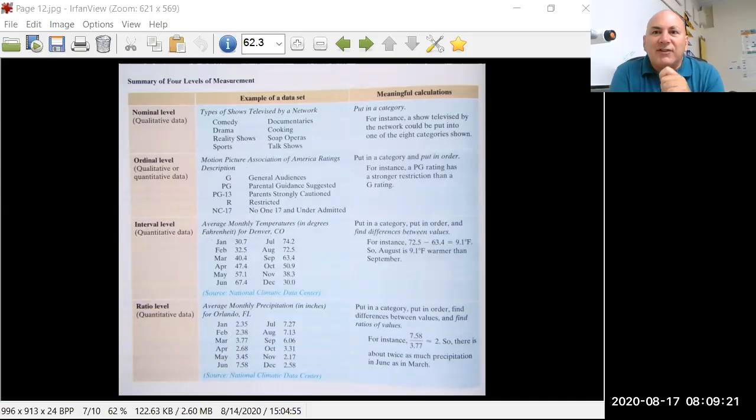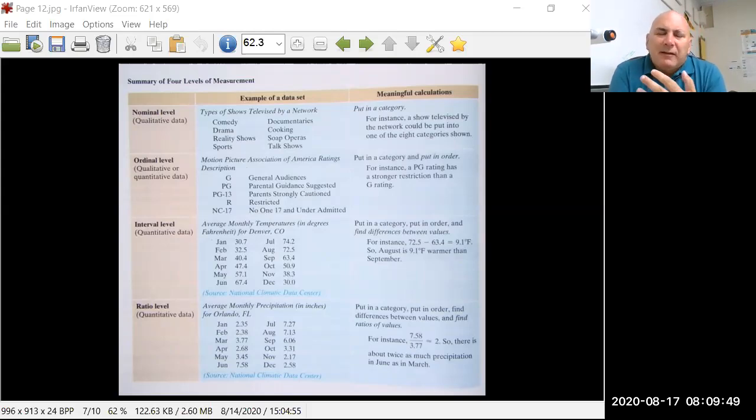That doesn't make sense. So in the interval level, you can find distances. The fifth floor is 3 floors higher than the second floor, but the zero doesn't mean anything. And even with temperatures, if it's 0 degrees Fahrenheit, does that mean there's no temperature? No, because obviously that would be a different number in Celsius and a different number in Kelvin.